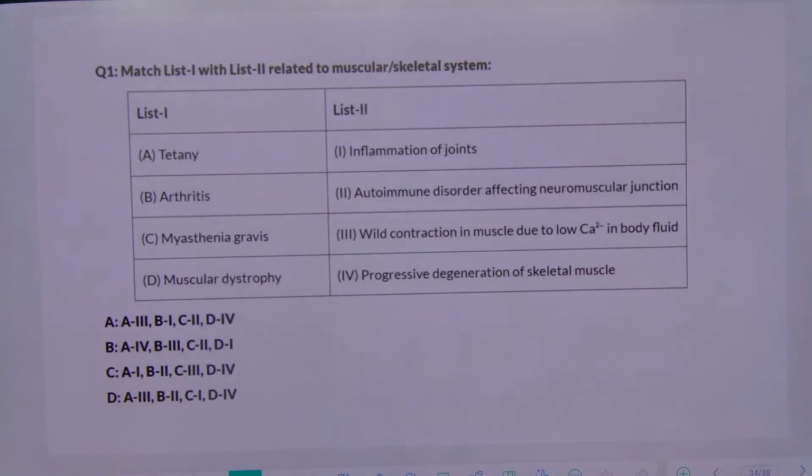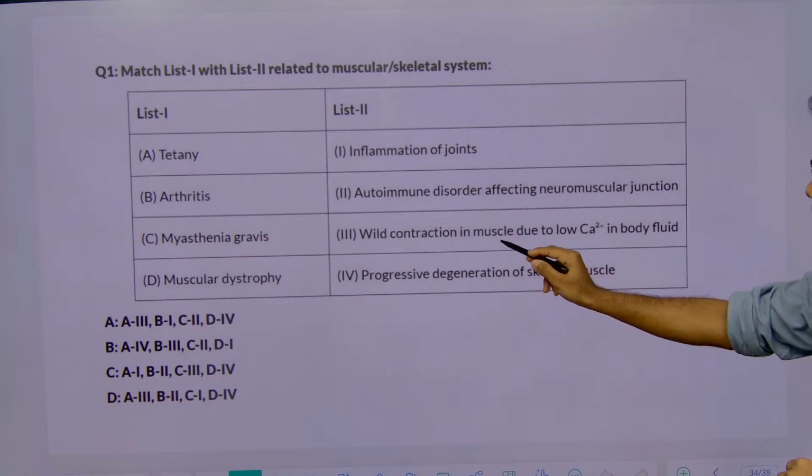So we have a few questions, very simple. They are asking just to match the diseases. They gave some diseases and we need to match them, right? Tetany is nothing but, contraction will not happen because there will be a low level of calcium.